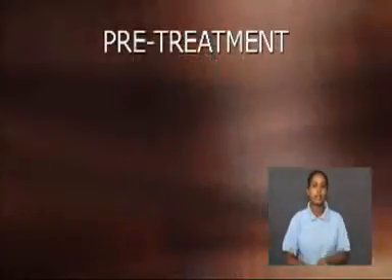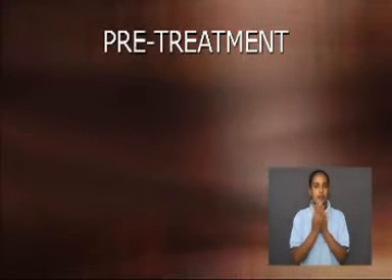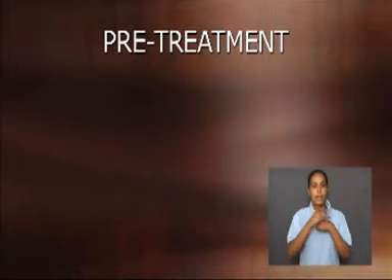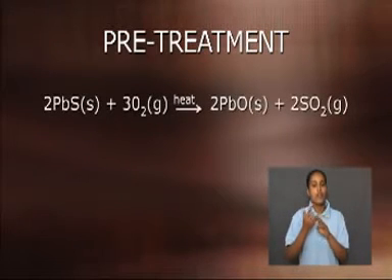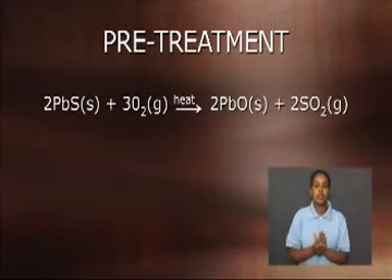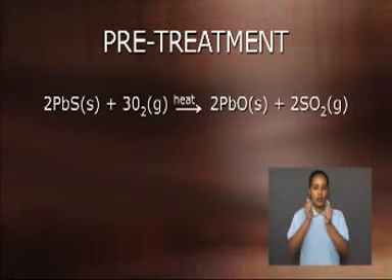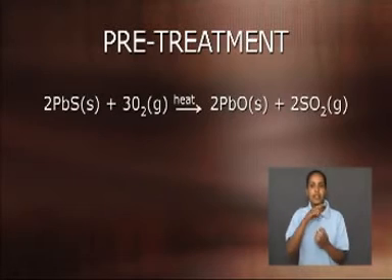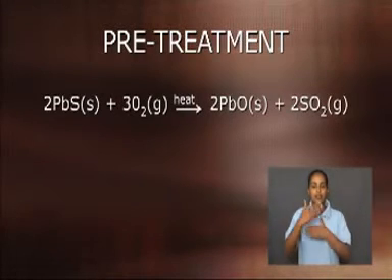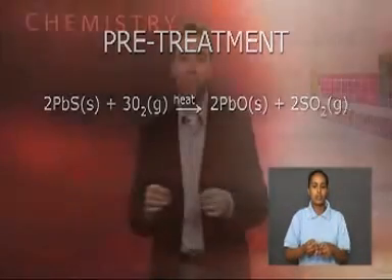Let us continue our lesson and talk about pre-treating minerals. Pre-treatment converts a mineral to a form that is easy to reduce. For example, sulfides are converted to reducible oxides by heating them in dry air. This process is called roasting.